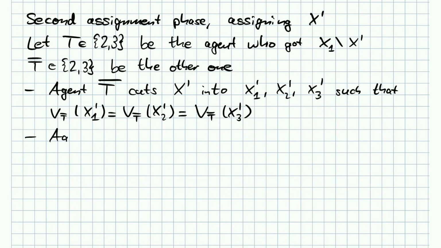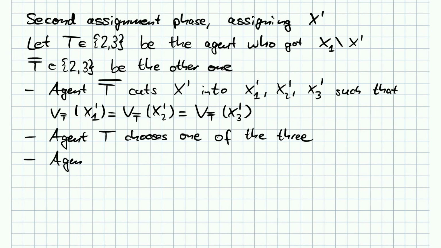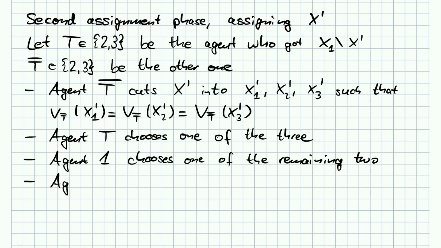Then agent T chooses one of the three. Then agent 1 chooses one of the remaining two. And then agent T bar gets the remaining piece.